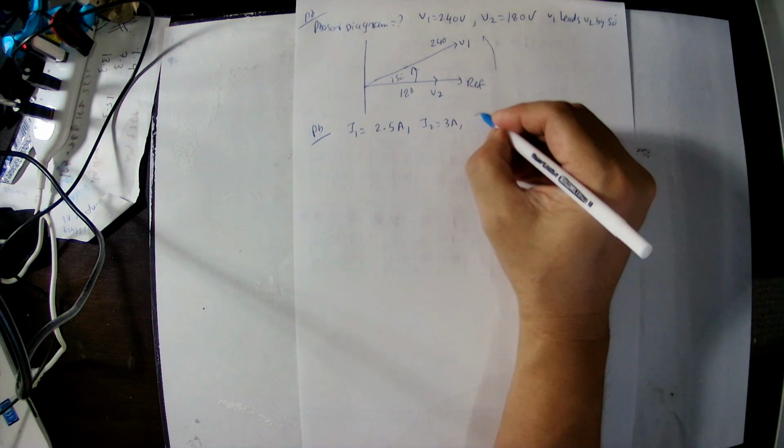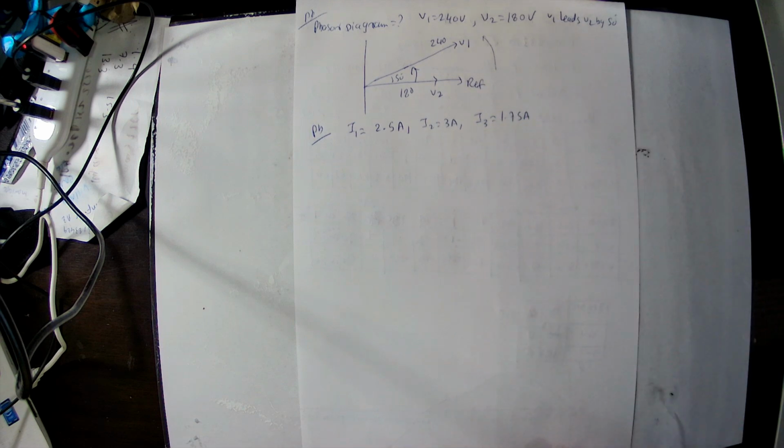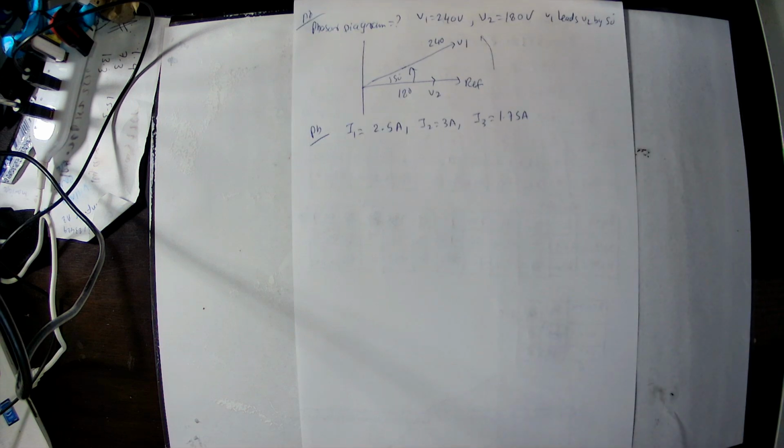And I3 is 1.75 ampere. So three currents are given. I1 is 2.5 ampere, I2 is 3 ampere, I3 is 1.75 ampere.